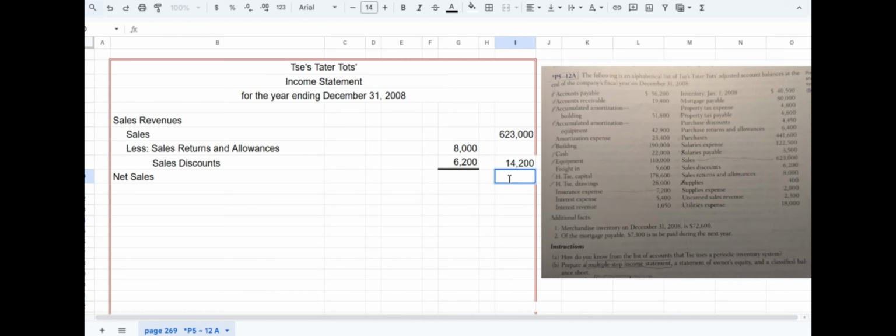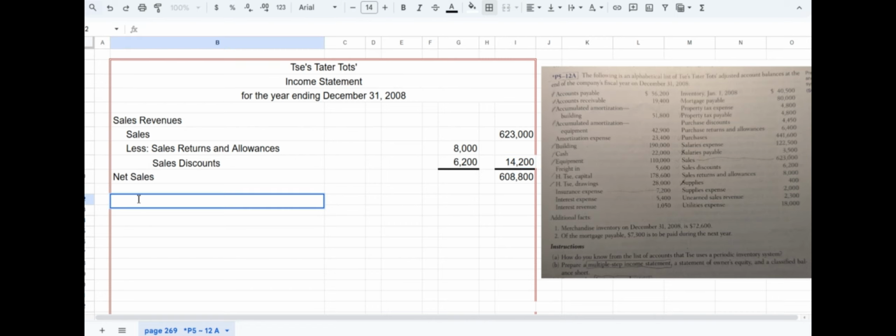To get this number, we're going to take sales revenue and subtract this number that we got here, which is the total of sales returns and allowances and sales discounts. And this gives you the net sales. So a line underneath that could mean either addition or subtraction.